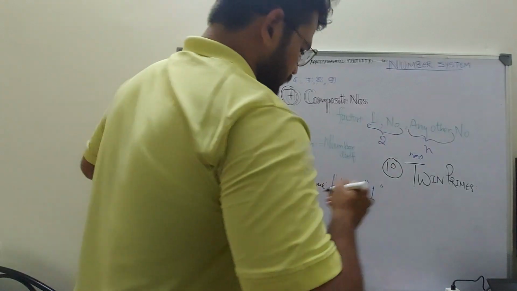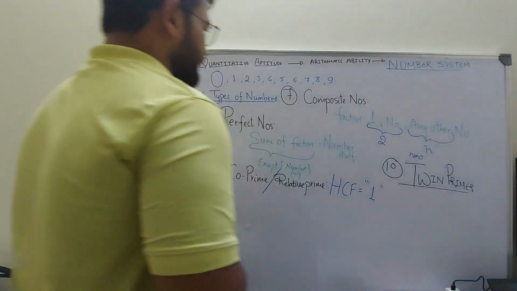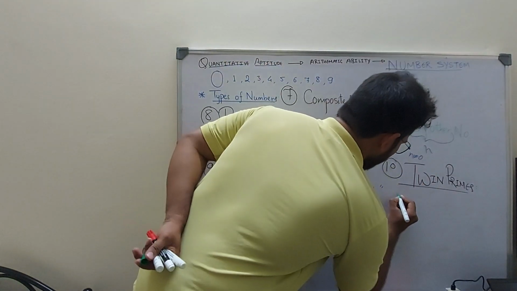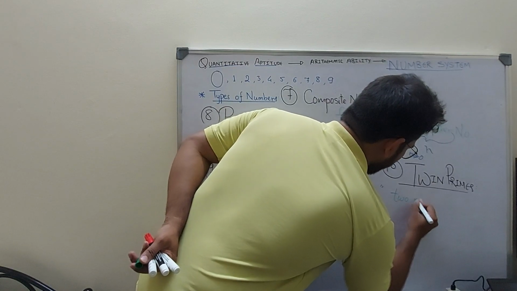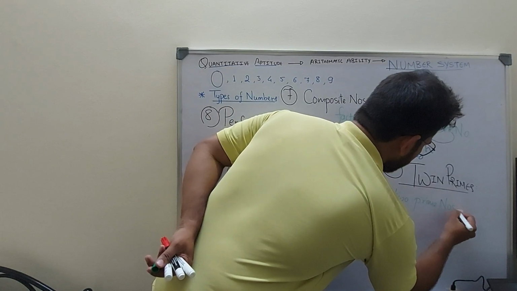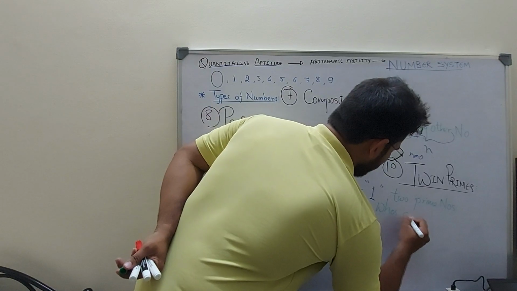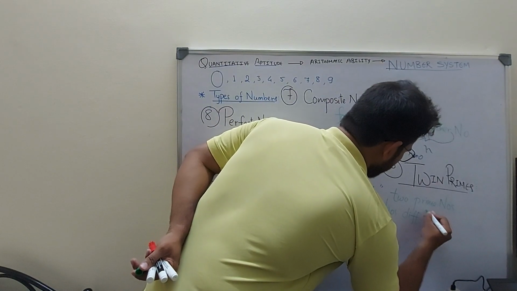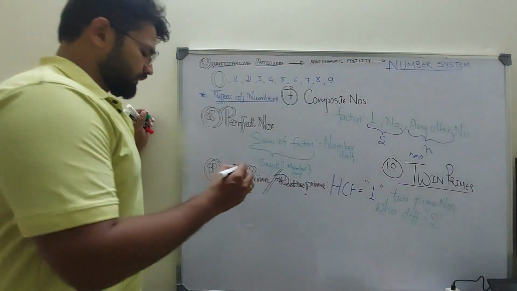Okay. So the two prime numbers whose difference is 2. That is the definition of twin primes. Two prime numbers whose difference equals 2.